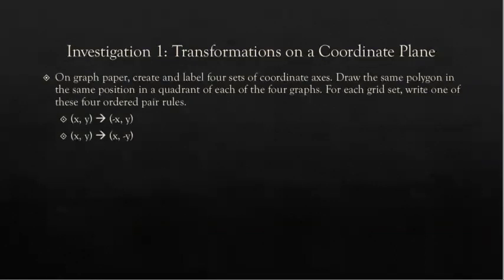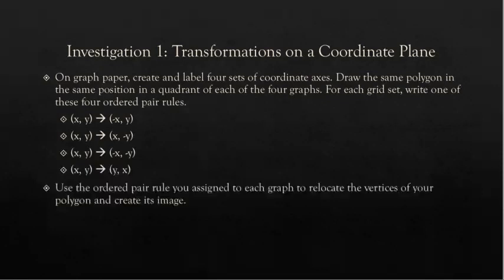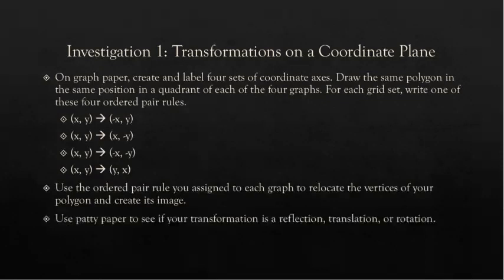We're going to change the (x, y) to (x, -y). We'll change the (x, y) to (-x, -y), and we'll change the (x, y) to (y, x). We're going to relocate the vertices of our polygon and create its image, and then we're going to use our patty paper to see if our transformation was a reflection, a translation, or a rotation.